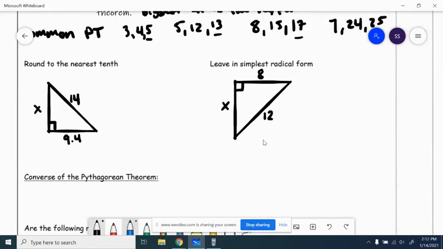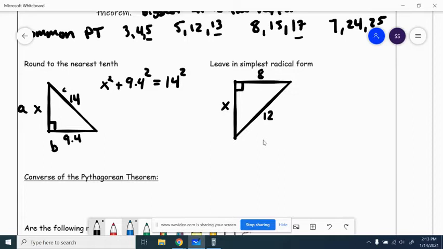Okay, so let's give this a shot. So first one here, like I said, which leg you have as the a and the b doesn't really matter, but the hypotenuse has to be the c. Okay, so let's put this into our equation. We have x squared plus 9.4 squared is equal to 14 squared.